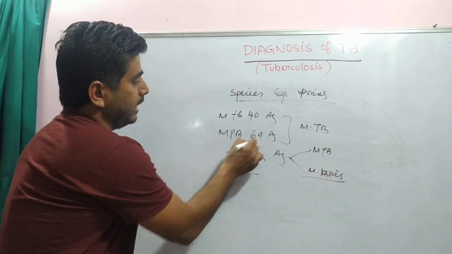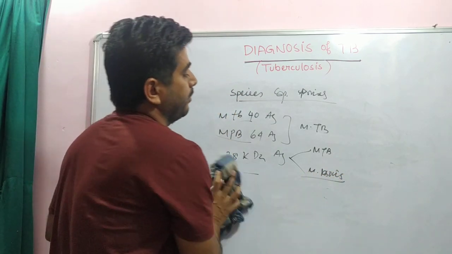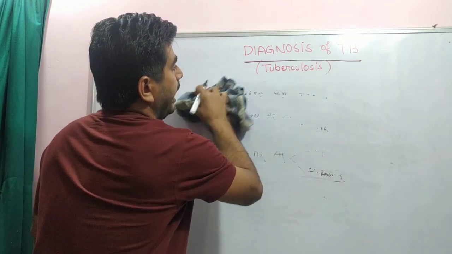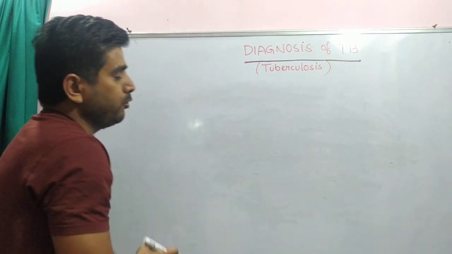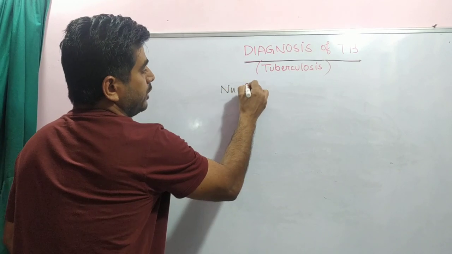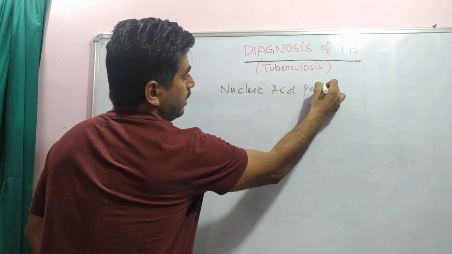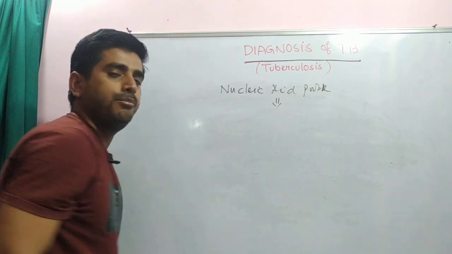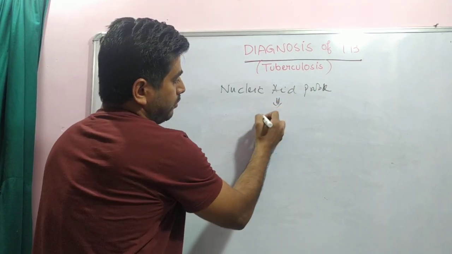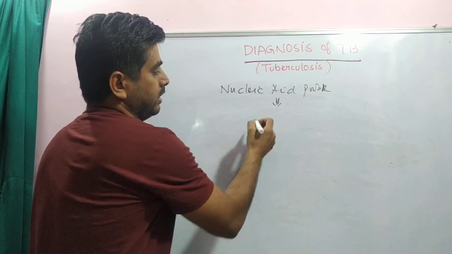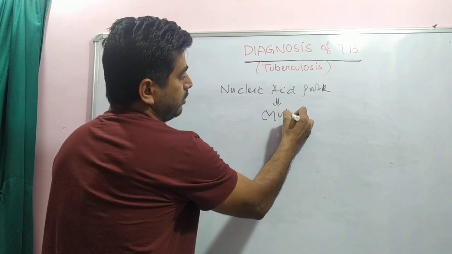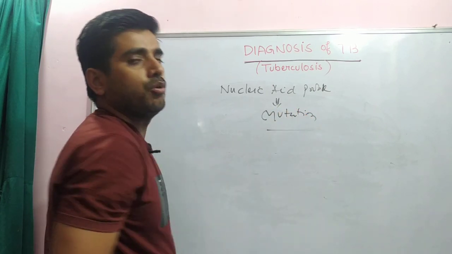So we can identify with these species specific primers. With the nucleic acid probe test, we can identify the mutation in the gene responsible for antibiotic resistance.